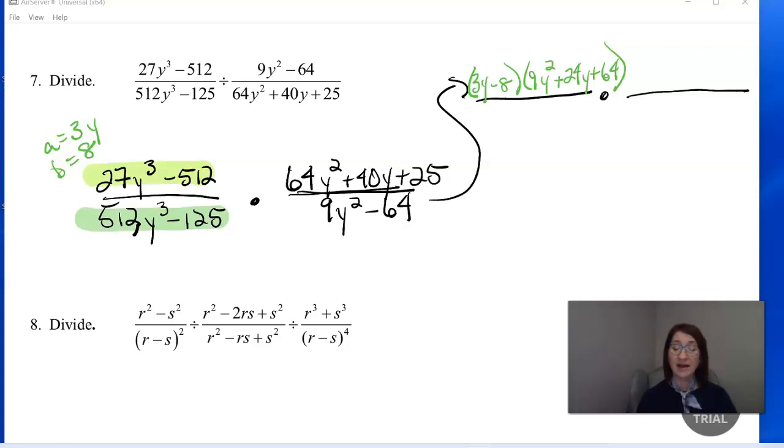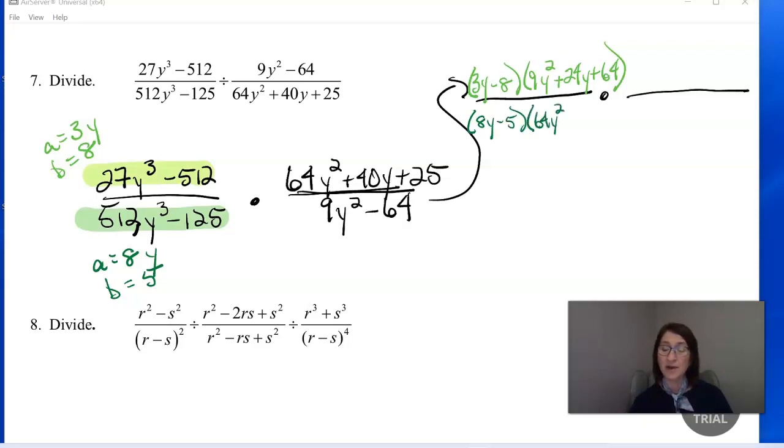So we have this 512y cubed. That's going to be our a. It'll be 8y. And then our b, the cube root of 125, is 5. So that's going to be 8y minus 5 times 64y squared plus 40y plus 25.